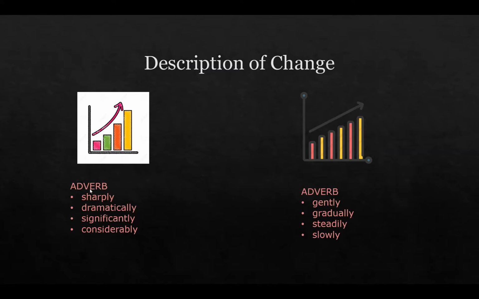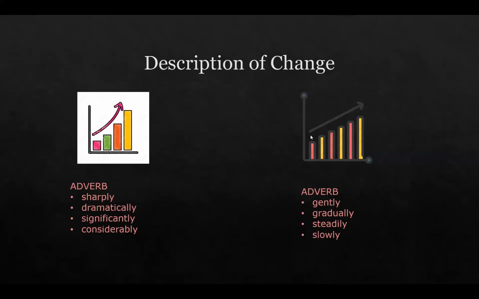Or you can also say, for example, that this is population. You can say for 10 years, the population increased sharply by 100%, for example.